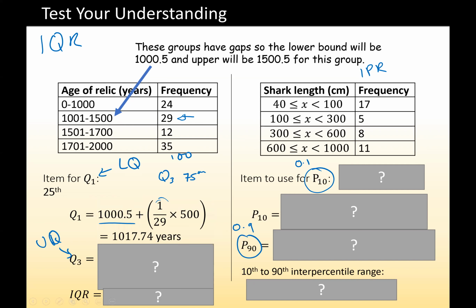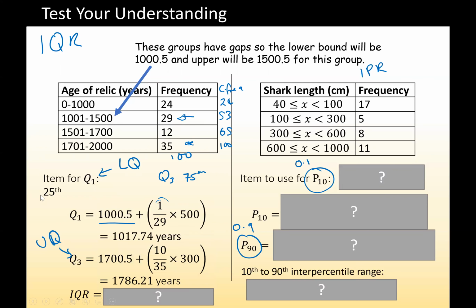Same idea then with our second one. We probably could do the cumulative frequency. So we've got 24, 40, 53, and then 65 and 100. So our 75th piece of data is going to be in this section here.